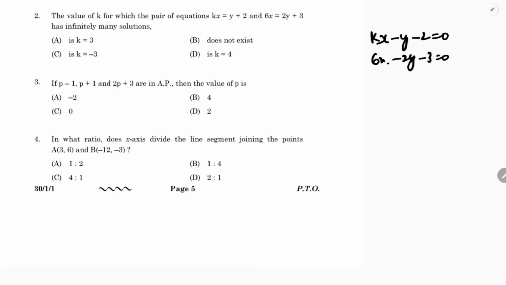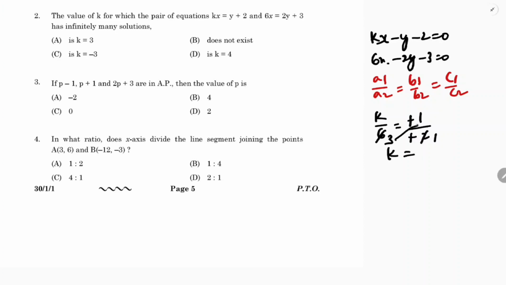Now for infinitely many solutions, the condition is a1 by a2 equals b1 by b2 equals c1 by c2. Now if we substitute the values, k by 6 equals minus 1 by minus 2, minus cancel, 2 times 1, 2 times 3. So if we cross multiply, 3 into 1, which is 3. So the value of k is 3. So the correct option is A.